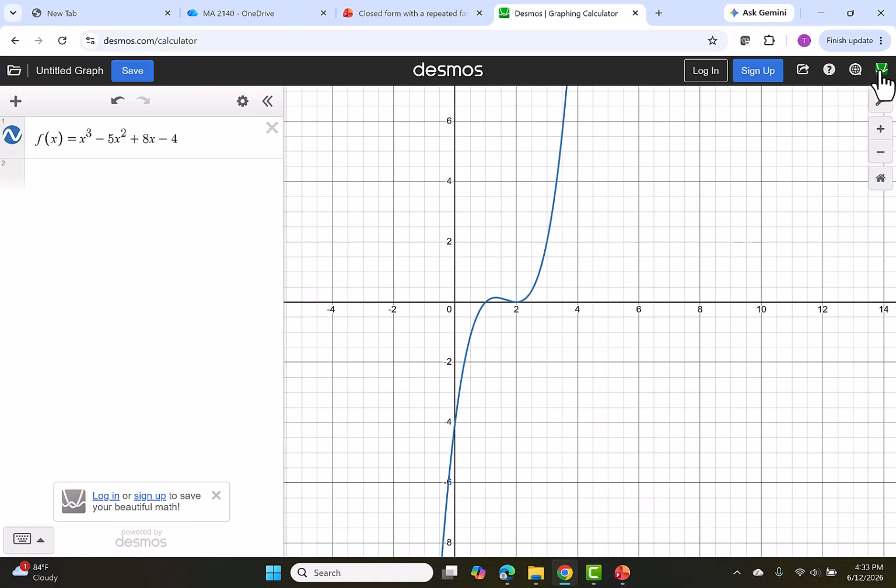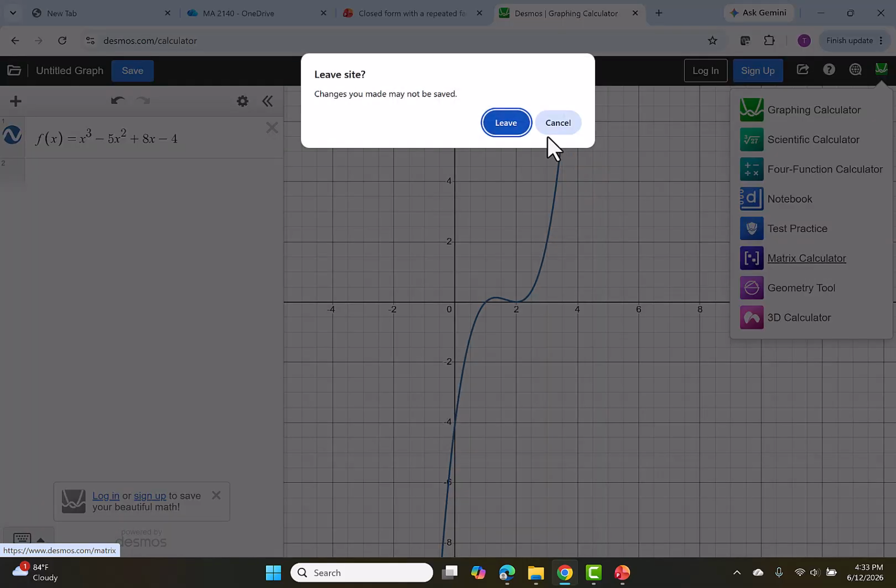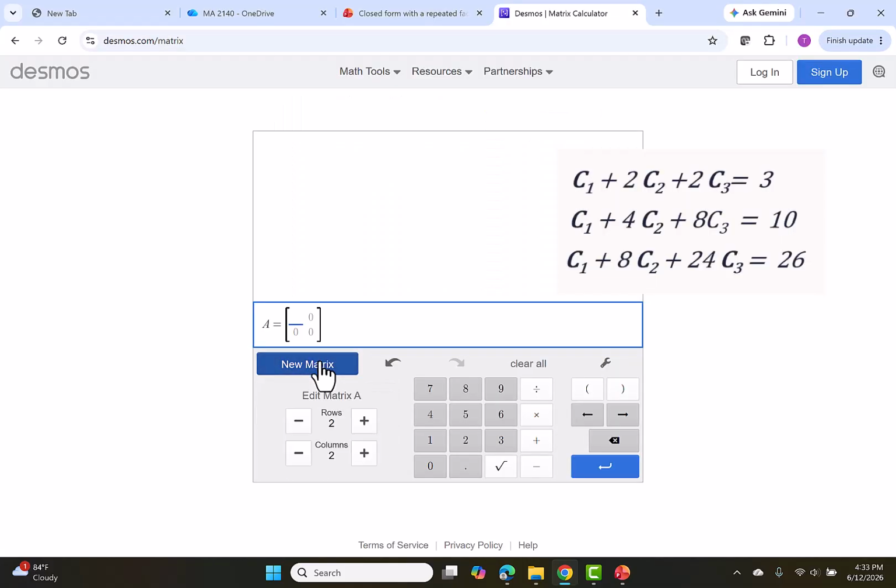So from the graph I was using earlier, I'm going to hit Tools on the right and just switch to the matrix calculator. We're going to create a new matrix that has 3 rows and 4 columns. That gives us a row for each of our equations and a place to put c1, c2, c3, and the numeric answer. Because I have c1, I enter 1, then I had 2c2, 2c3, and that was equal to 3.